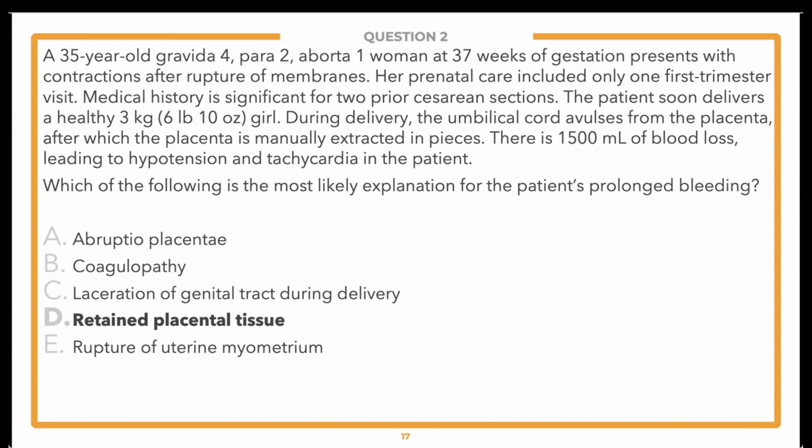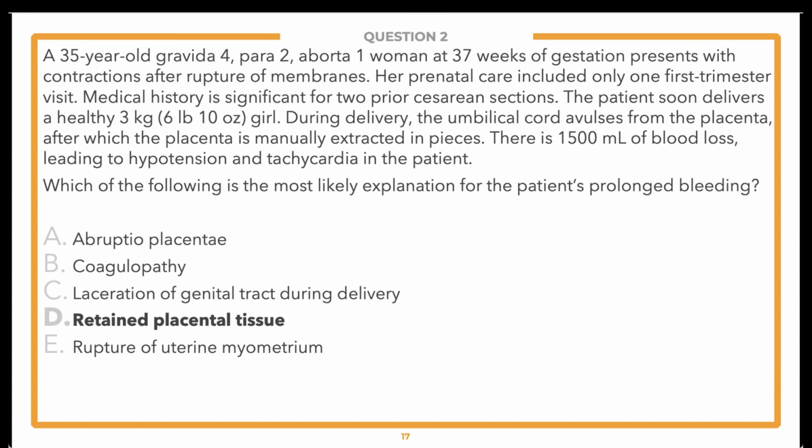So pieces of even normally implanted placenta can occasionally be retained, but this patient has a history of several cesareans, and that raises the concern for a diagnosis of placenta accreta. This is more common in patients with a history of uterine trauma, right? Like C-section, if they had an abortion or myomectomy.